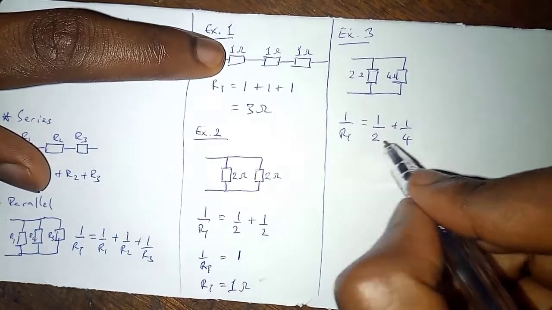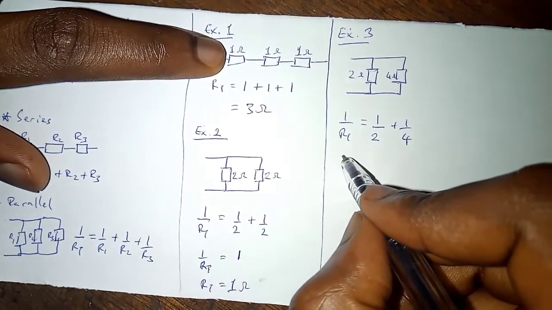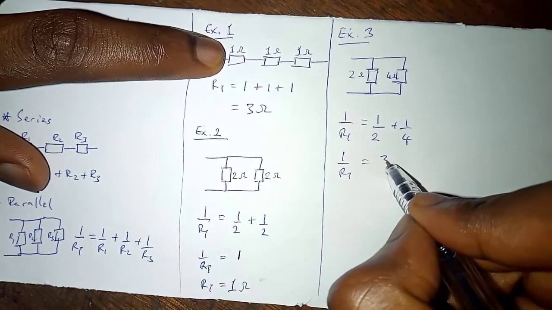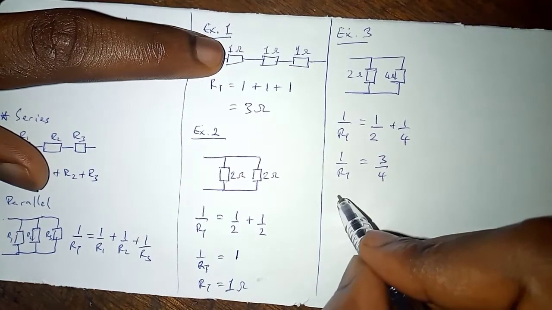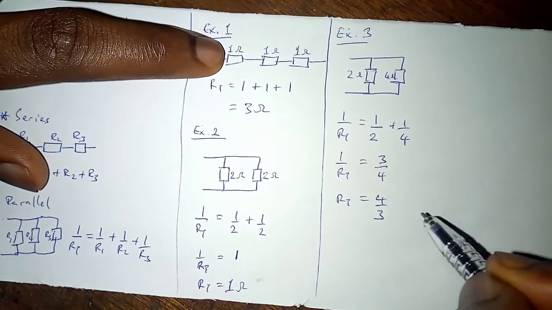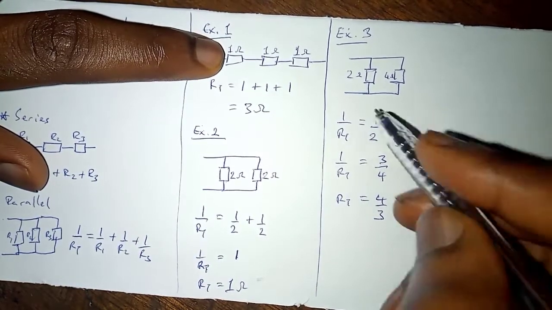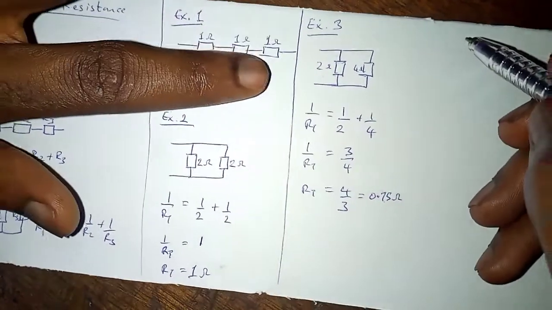So this is half plus quarter, which is equal to 1 over total resistance equal to 3 over 4. That means RT is equal to 4 over 3, which is equal to 1.33 ohms. You can see it's less than your smallest resistance there.